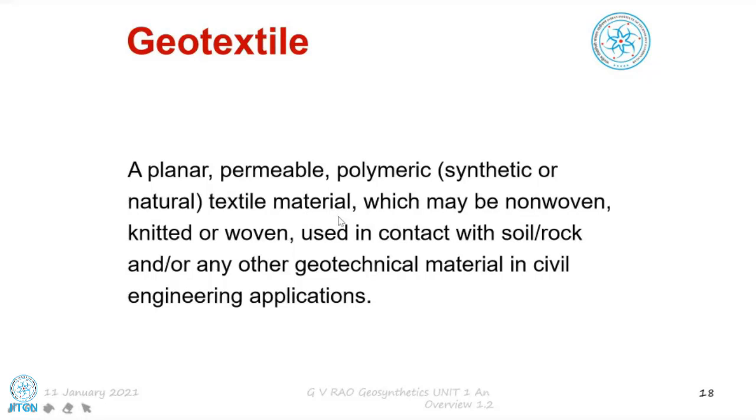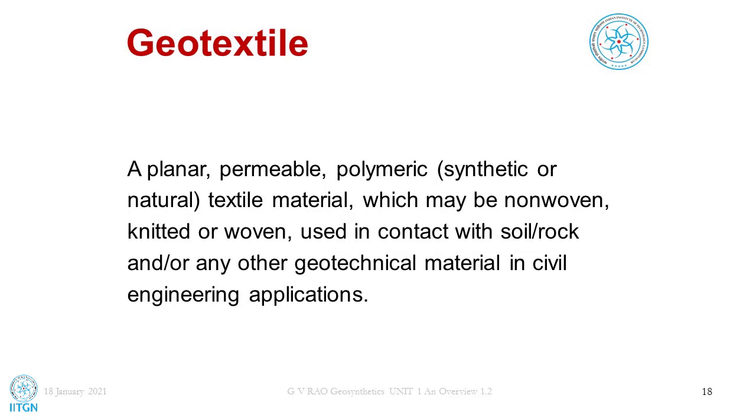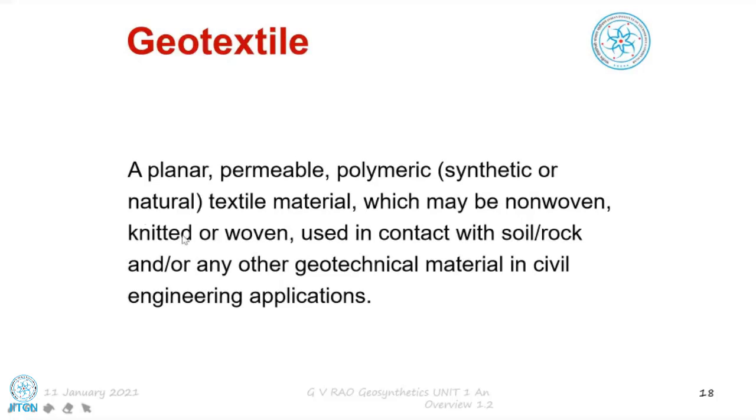And then textile material, because usually it is made by the textile process, which may be non-woven, woven or knitted. Mind you, another terminology is coming in now. It is used in contact with soil, rock, or any other geo material in engineering applications and to perform certain functions. That we'll see.